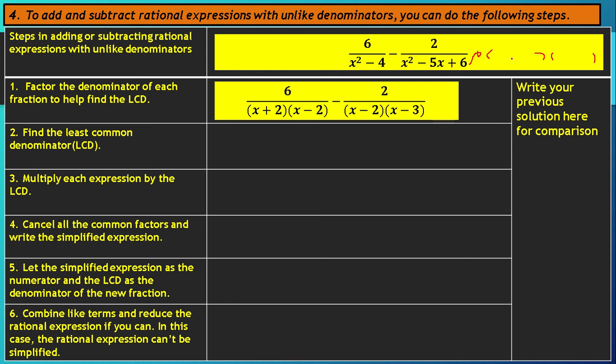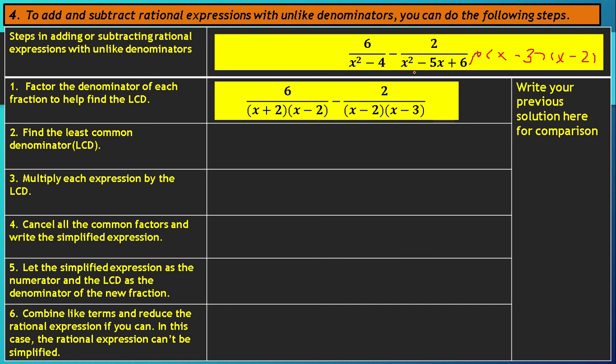So, ibig sabihin, yun yung mga factors na hinahanap natin. Negative 3 and negative 2. So, yung first term natin dito, square, kunin lang natin yung square root nito. X square is x and another x.